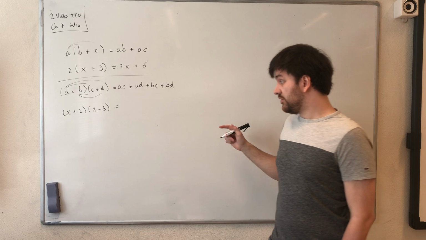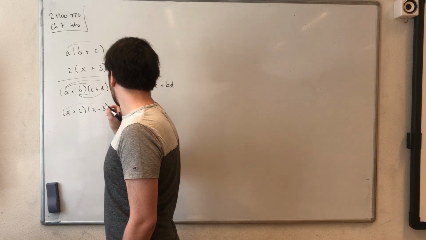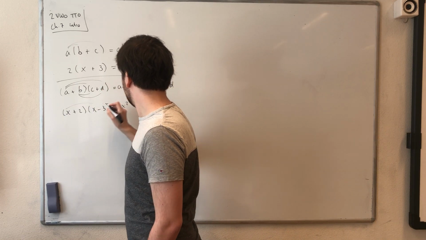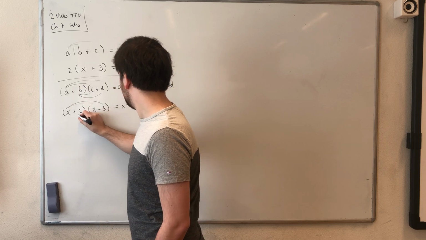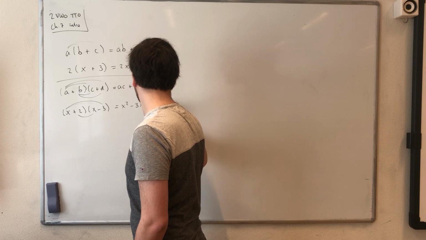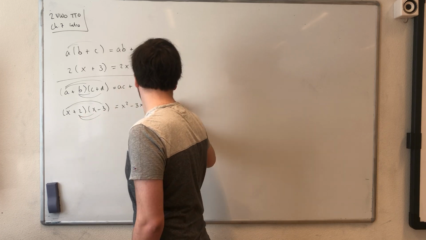Then you had to multiply everything. So x times x was x squared. x times minus 3 was minus 3x. 2 times x was plus 2x. And 2 times minus 3 is minus 6.